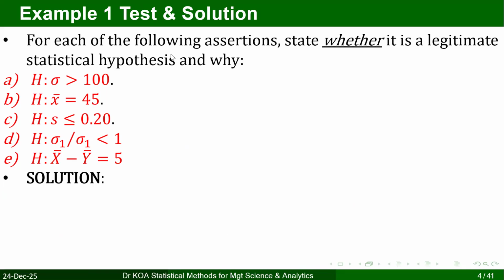Everybody is going to pick one. If it is a legitimate hypothesis, you tell me yes, it is, or no, it is not, and why you say so. If you are not able to do the first one, you should be able to do the other ones. The first one is open, but the other ones will be shared among you all.